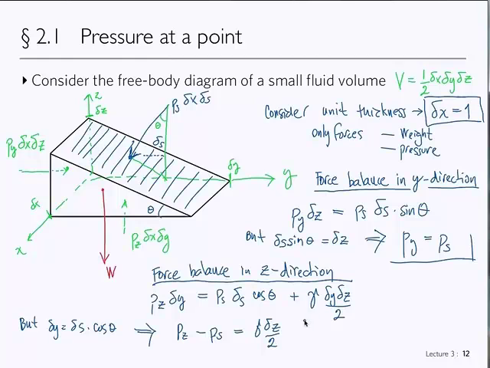Okay, but the following thing that we're going to do is that at a point, we want to look at the pressure at a point. So now we have some expressions. We know that py is equal to ps, but we're going to look at a point and make delta z, we take the limit when delta z tends to 0, and when we do that, we get that pz is equal to ps.